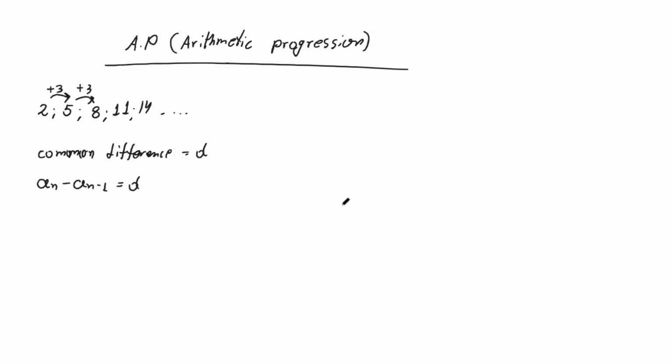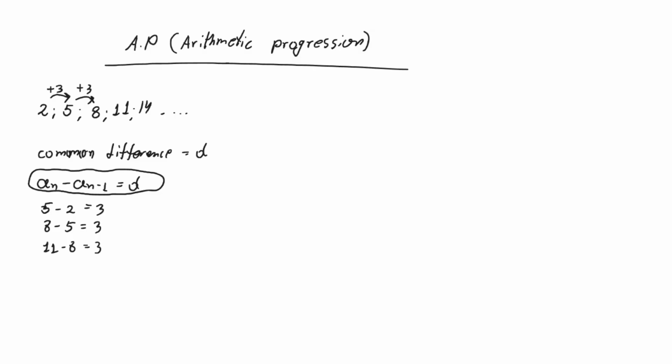So, on the example of our sequence, it would be, for example, 5 minus 2, and it's 3, or maybe 8 minus 5, or 11 minus 8. All of them is 3, so you can subtract any neighboring numbers and you will get the common difference. Okay, so we can circle this formula because it's important.